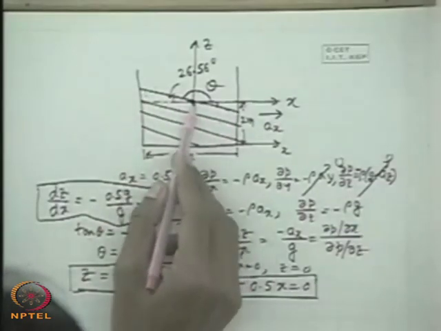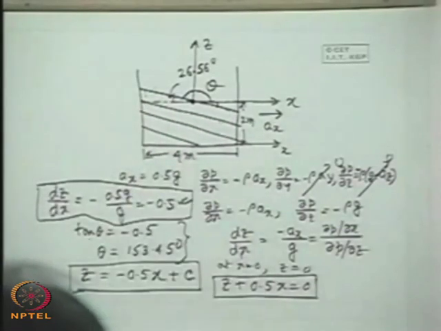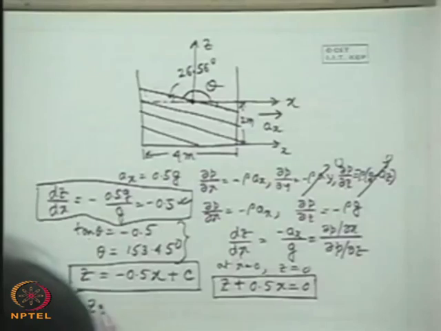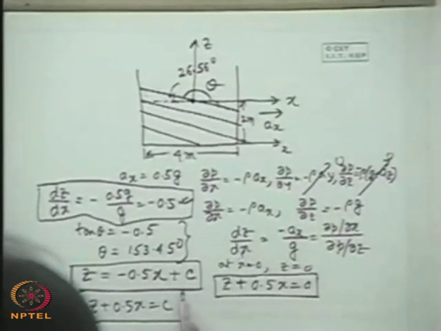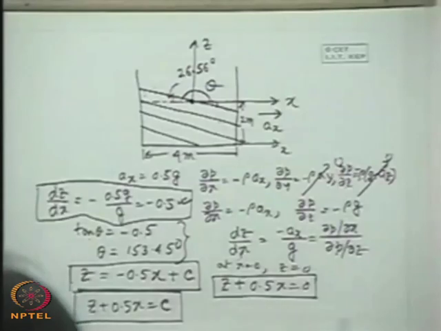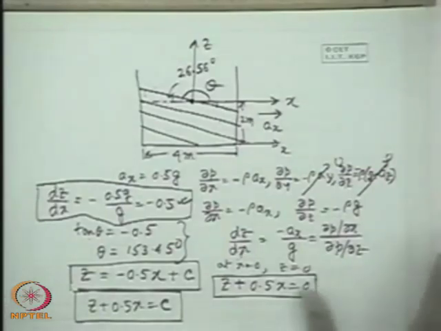So along the free surface always z plus 0.5x is equal to c. So the value of c depends upon an arbitrary choice of the coordinate axis. This part is all right.